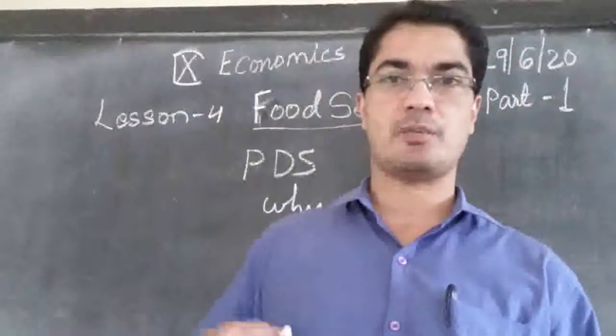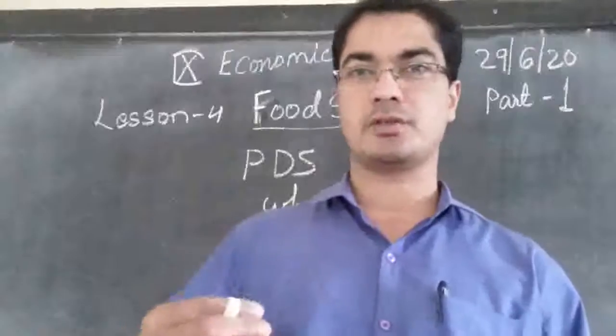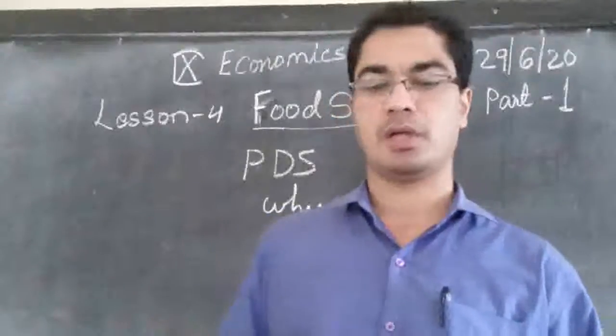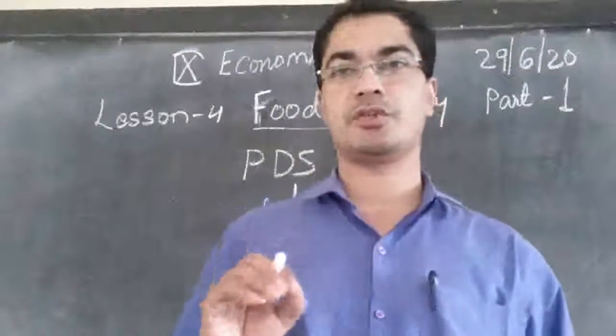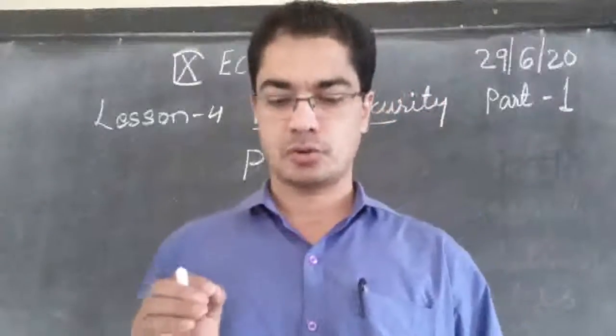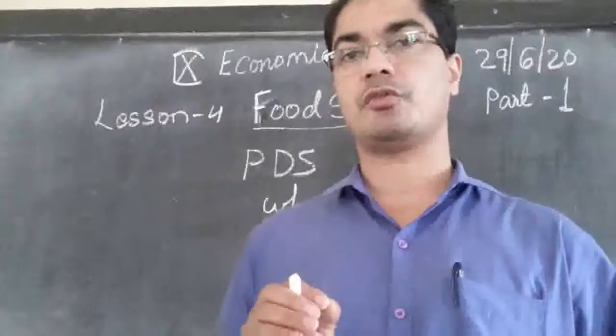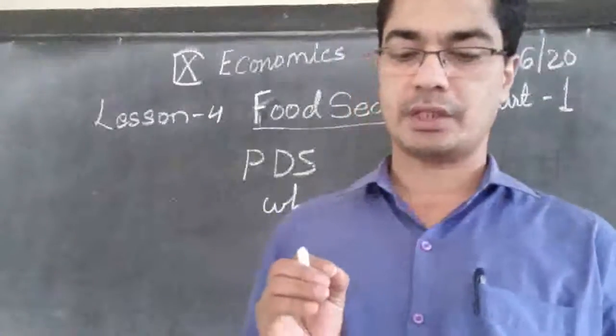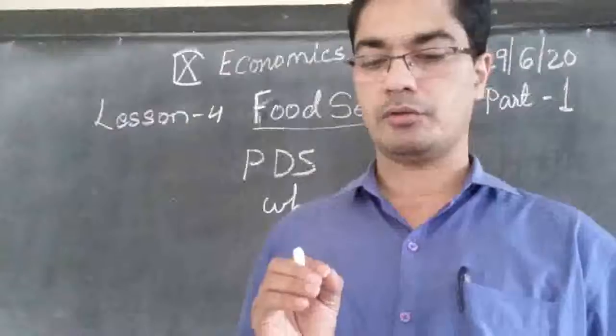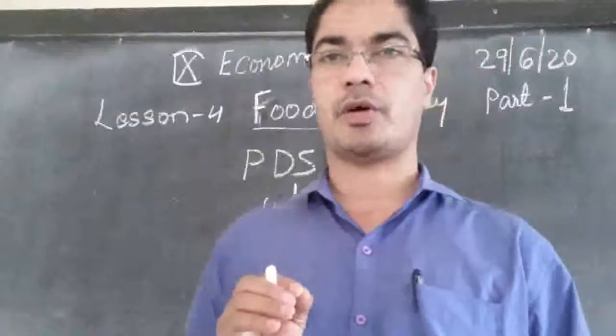Because of this, Amartya Sen added one more word that was accepted by all, and then the definition of food security was changed. So what is the latest definition of food security that was declared by the World Food Summit in 1995?